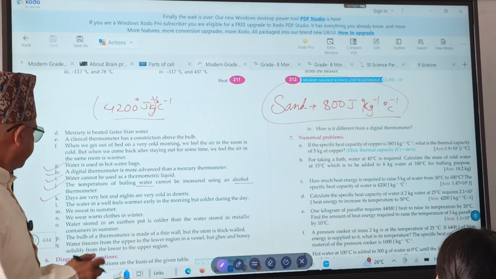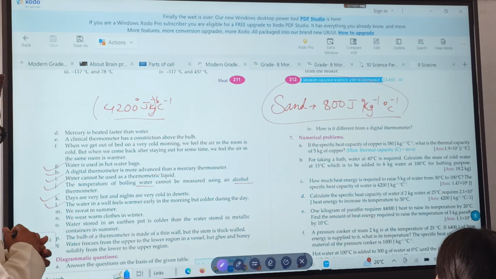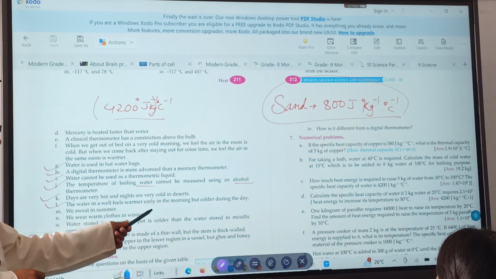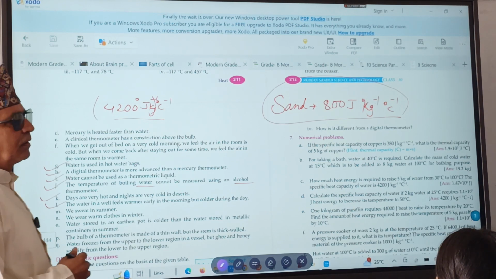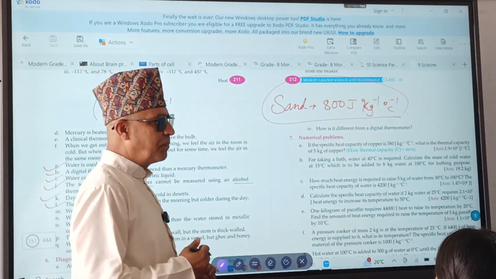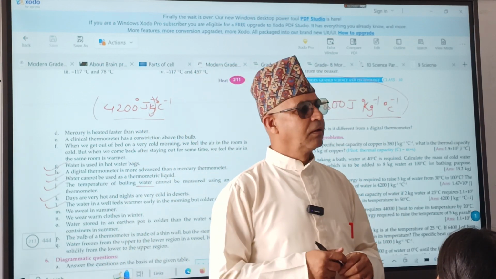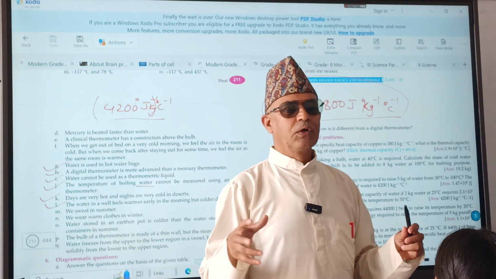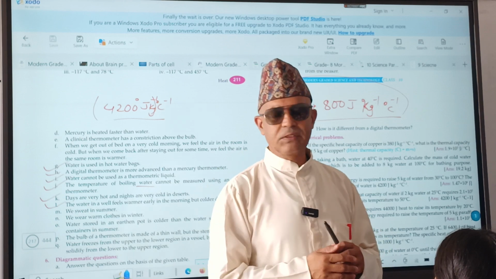Okay? Number L. What does the question say? The water in a well feels warmer early in the morning but colder during the day. So in morning time, the land has a lower temperature, water has a higher temperature.